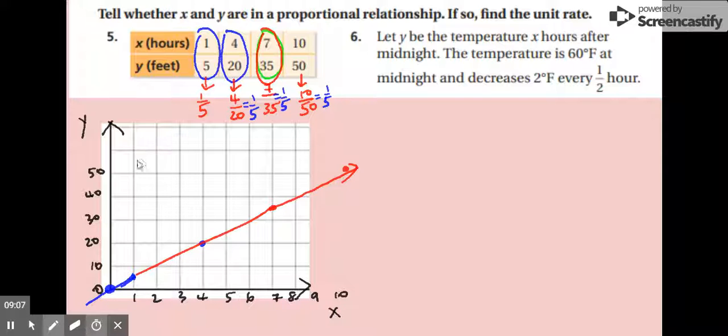And you can say x and y are proportional, because they all have the same equivalent ratio, or because the line passes through the origin.